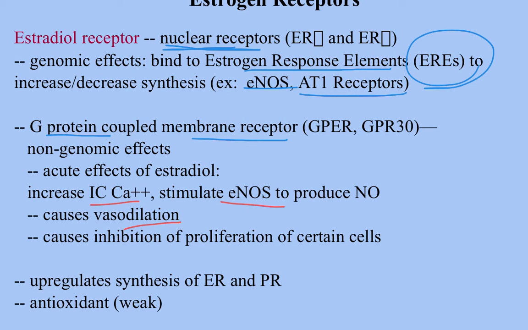Also will inhibit the proliferation of certain cells when needed, and it will upregulate the synthesis of estrogen receptor as well as progesterone receptor, and can also act as a weak antioxidant. So normally you always hear estrogen has an intracellular receptor. It's nuclear. It causes gene transcription and translation, but there are some non-genomic effects here, and these are what's listed.